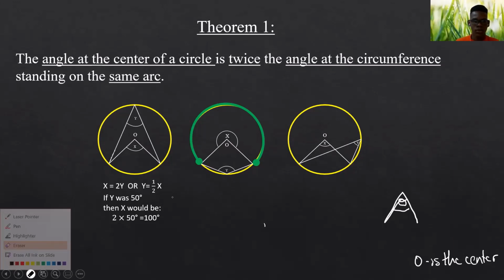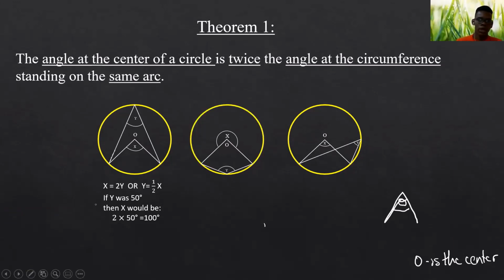So even though one might argue that the lines that constitute both of these angles connect at our circumference here and here, I'm just looking at where these lines go.